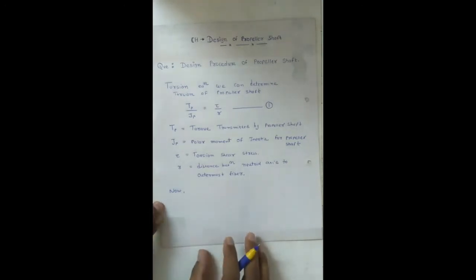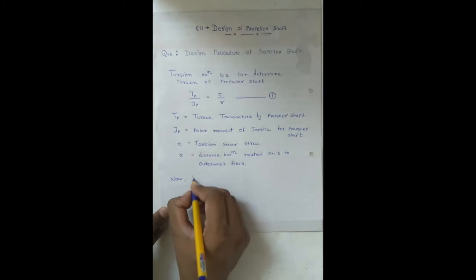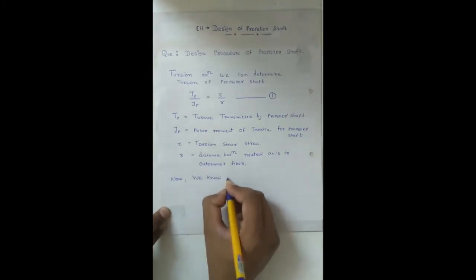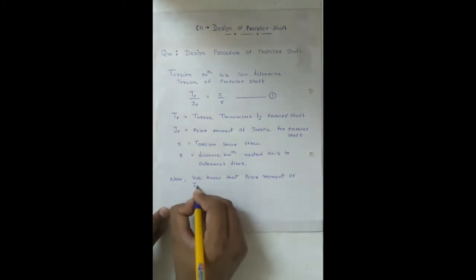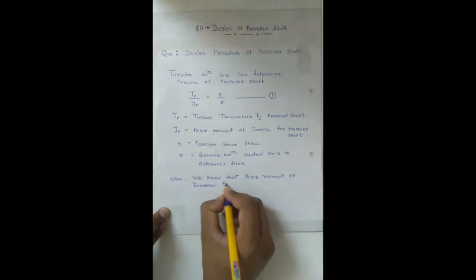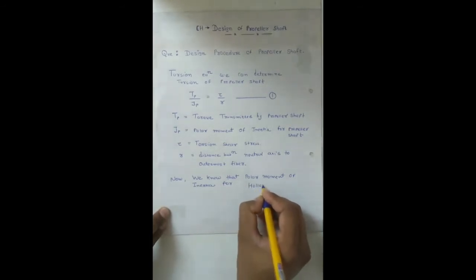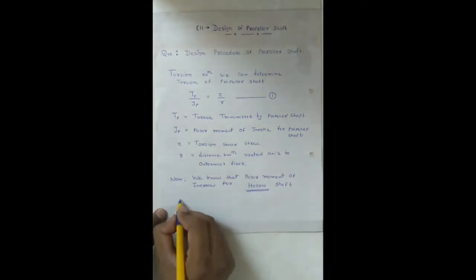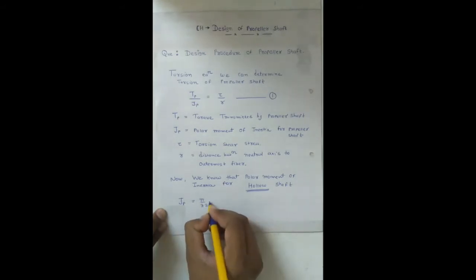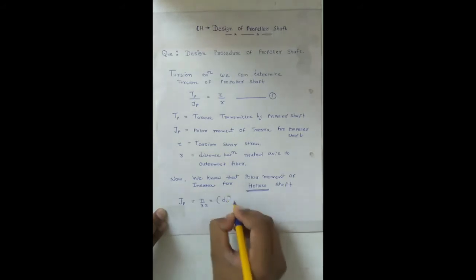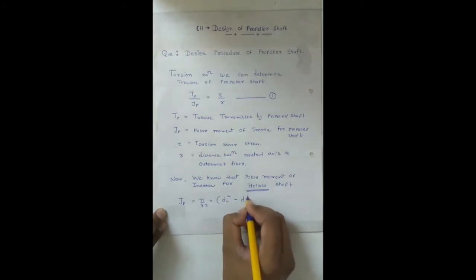Now we know that the polar moment of inertia for a hollow shaft is JP equal to pi by 32 into (do raised to 4 minus di raised to 4).